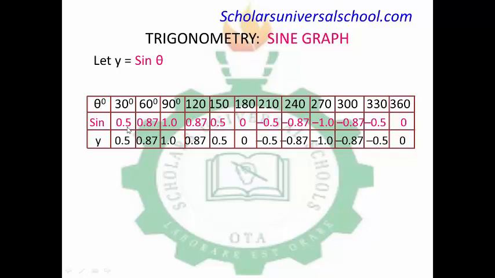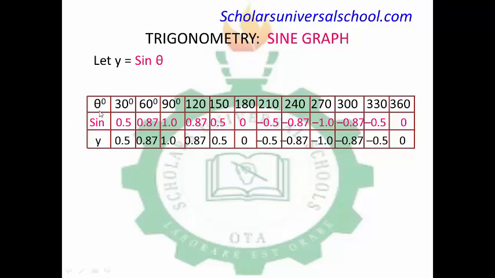When sine theta is 0.5, y is 0.5, then 0.87, 0.87, 1.0, 1.0. Then when sine theta is 0.87, y is also 0.87. When it is minus 1 here, it is also minus 1 here. Minus 0.87 here, it is still minus 0.87. And here, when it is 0, y is also 0, because y equals sine theta.